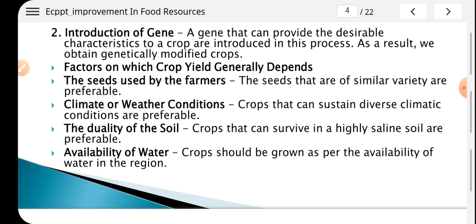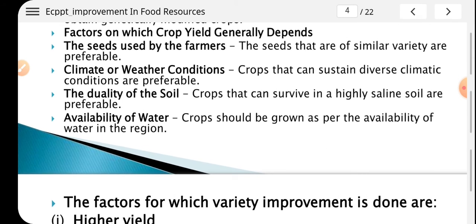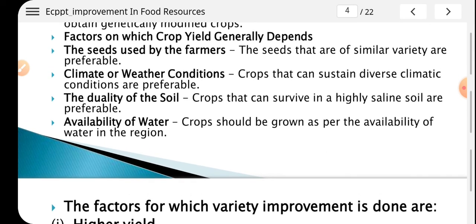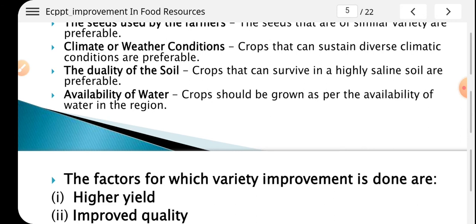The seed used by the farmer, seeds that are of similar variety are preferable. Climate and weather condition, crops that can sustain desirable climate conditions are preferable. Durability of the soil, crops that can survive in a highly saline soil are preferred.